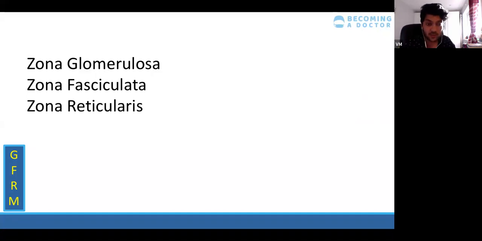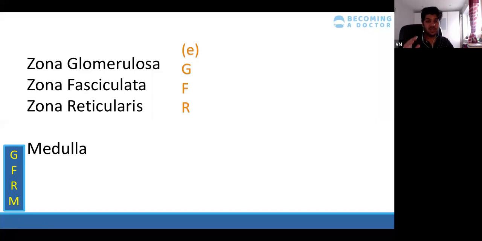And of course the medulla. I think a really good way of remembering this is to use the mnemonic EGF or EGFR. And you might remember EGFR from your kidney physiology lectures as a measure of kidney function. It's just an easy way to remember the layers of the cortex.